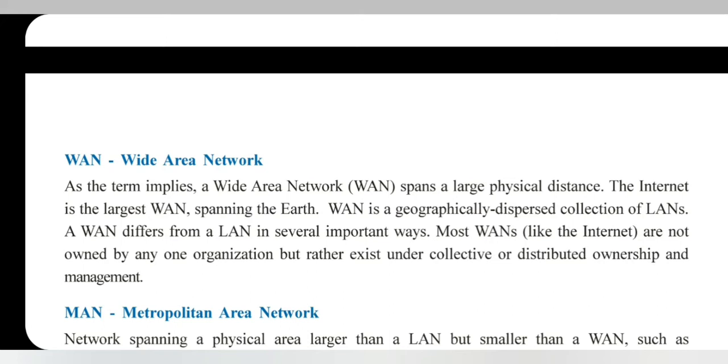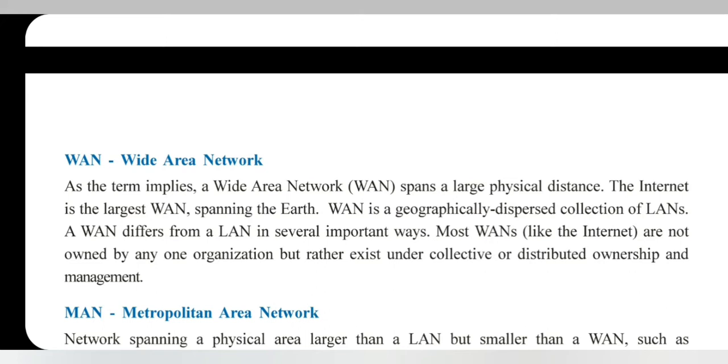For that I will give you an example. So many banks we have in our country. Just assume that one bank we have in Bhavnagar city, one bank we have in Ahmedabad city. In the Bhavnagar bank the local area network is there, and in Ahmedabad also the local area network is there. With that they have connected the computers.